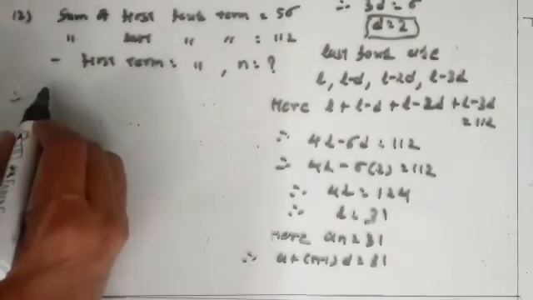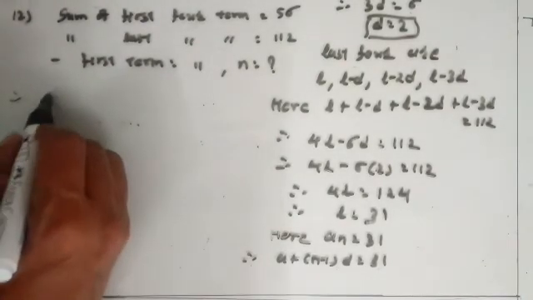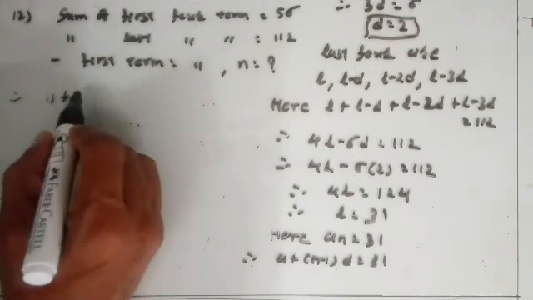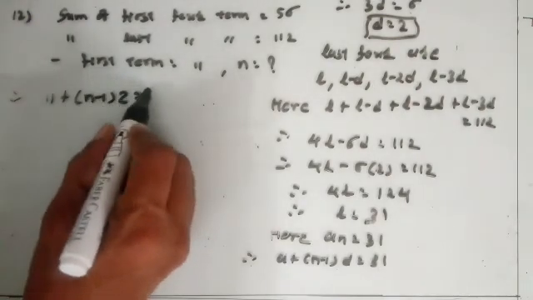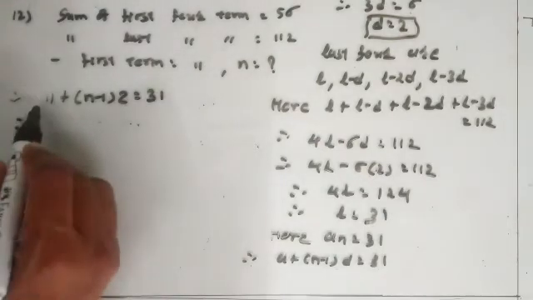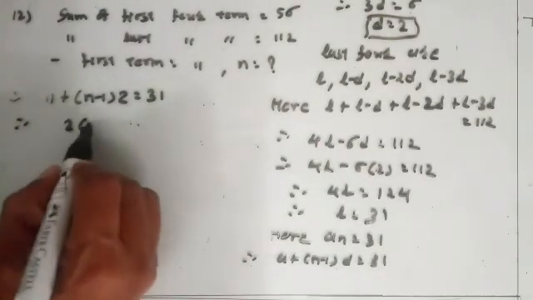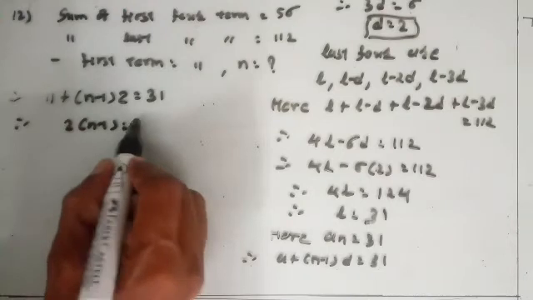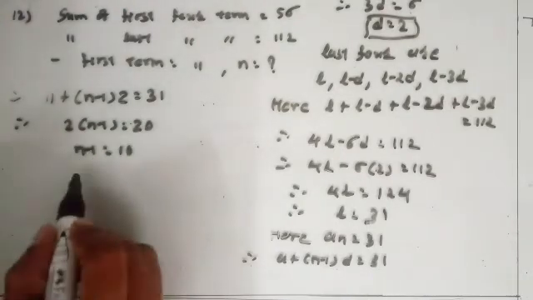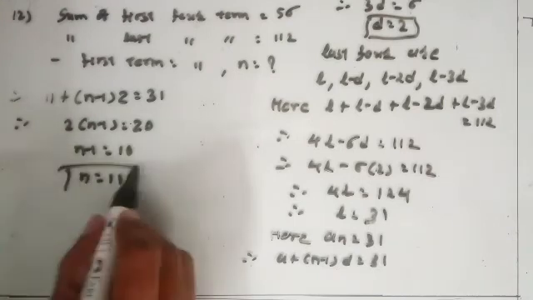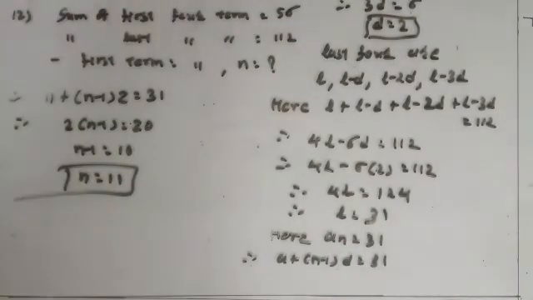Here we have 11 plus n minus 1 into d, the common difference being 2, is equal to 31. Therefore taking 11 this side, 2 into n minus 1 is equal to 20. So n minus 1 is equal to 10. So n is equal to 11. So the number of terms is equal to 11. Clear?